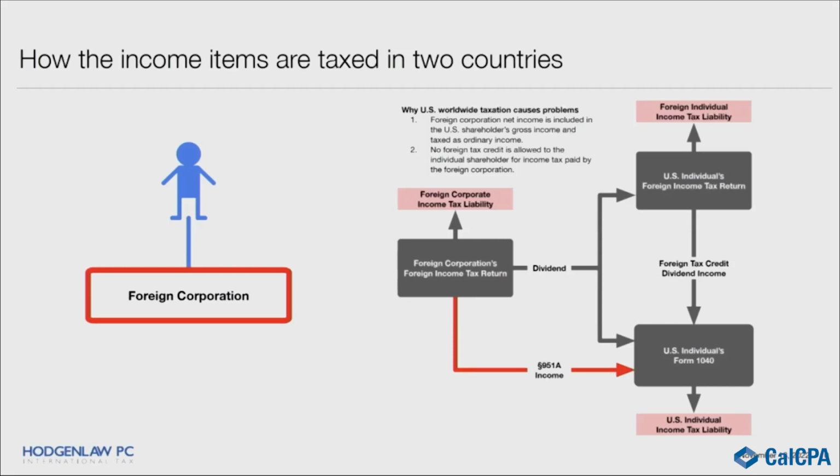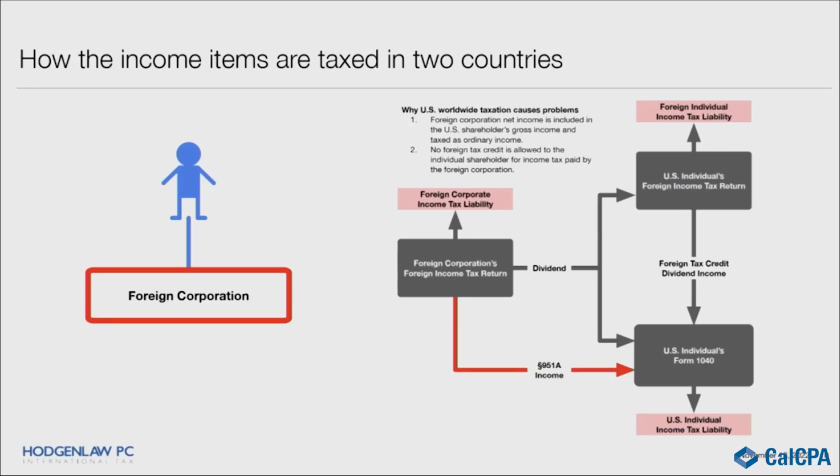And the U.S. individual, the citizen living abroad in Canada or Germany or wherever, is going to be simultaneously taxable in the country of residence because of local rules, and taxable in the United States because of worldwide taxation. So you see the little arrow that shows dividends coming out, going simultaneously. That income item is reported on the U.S. individual's foreign income tax return, the upper box on the right, as well as on the individual's Form 1040 in the United States. So this is wonderful.